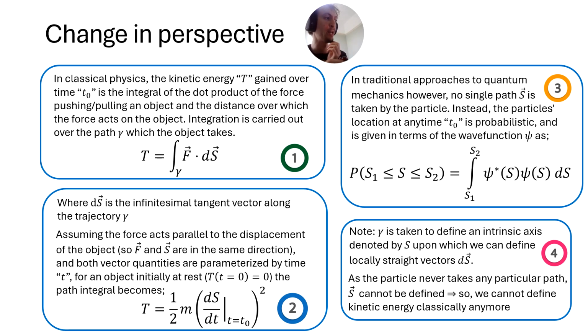But the key thing is, as we can't in quantum mechanics say where a particle is exactly, we can't say what path it is taking, we cannot use the classical definition of kinetic energy and apply it to all quantum particles.